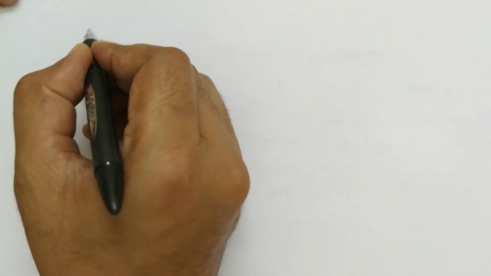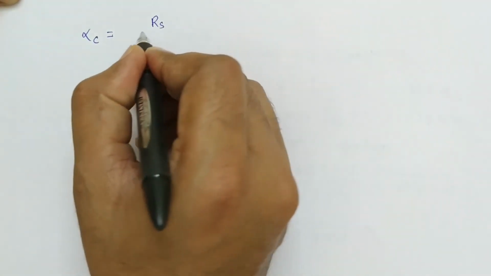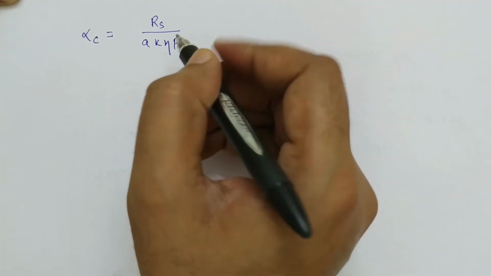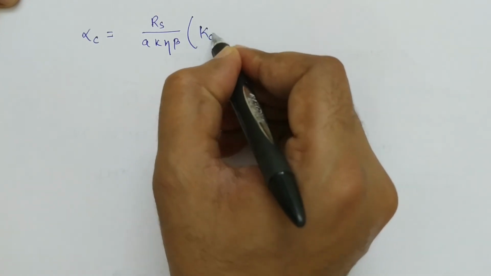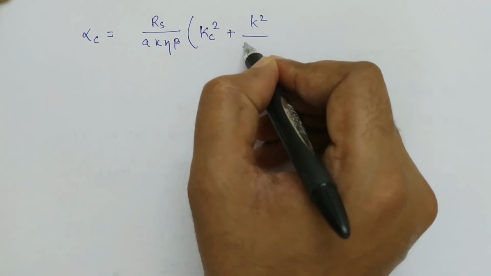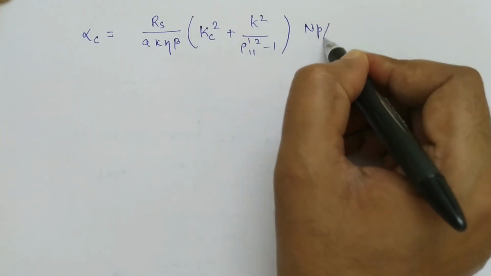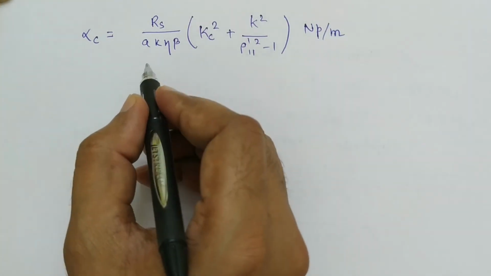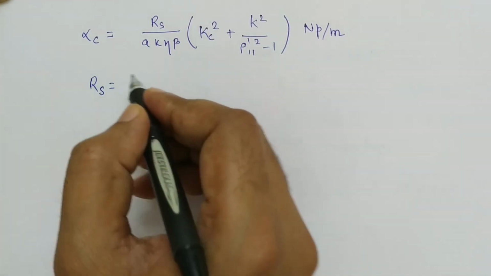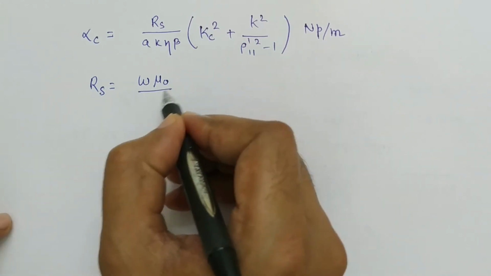In the same way we can calculate the conductor loss, and the conductor loss will be alpha C equal to Rs divided by A K eta beta, times Kc square plus K square divided by P11 dash square minus 1, in Nepers per meter, where Rs can be calculated as the square root of omega mu naught by sigma.